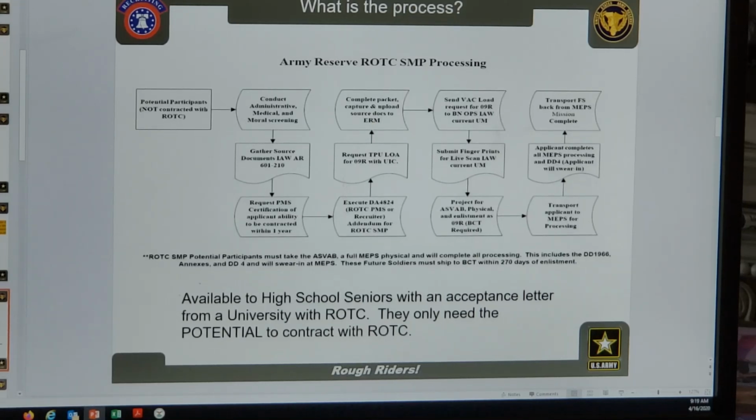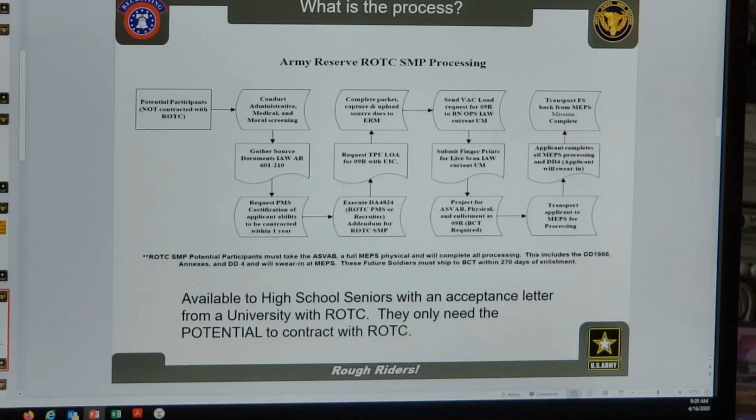They can't say that if you're going to put that person in the Army tomorrow, they have the ability to contract within 1 year of tomorrow. That's not feasible, right? Because contracting generally happens towards the end of MS2, usually about this time of year. So make sure the PMS understands: it's not 1 year from the day they enlist as an 09 Romeo. It's 1 year from the date they enroll into ROTC. Do they have the ability?